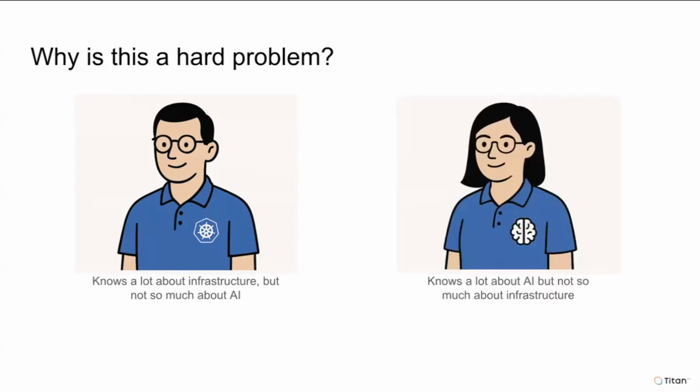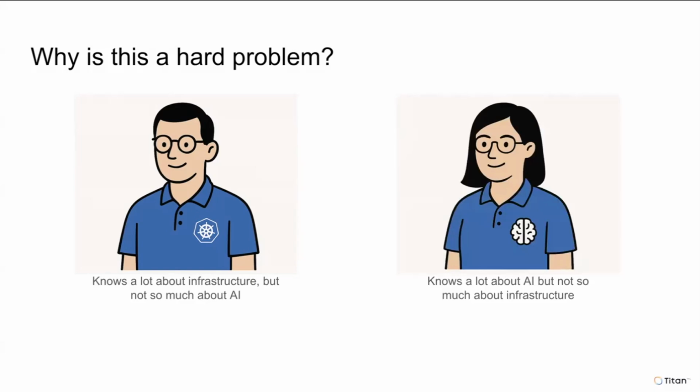I have somewhere else in my system the female version of him, but she's the data science one. So she knows a lot about AI, but doesn't know anything about infrastructure. She knows, for example, that my model performance is going to be bottlenecked by things like my KV cache, and he has no idea what a KV cache is.